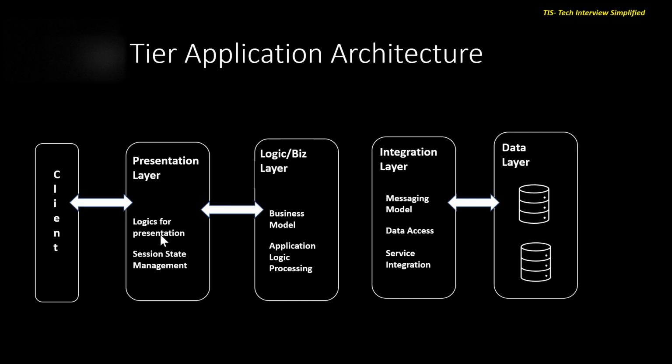So for example, this layer is responsible only for presentation, and the application logic processing is happening at another layer, and they are not related. In between there could be a messaging layer passing the data, but it would be a third layer with its single responsibility. So the responsibilities are divided in such a way that you keep them separate and make them reusable. This is the way to go.